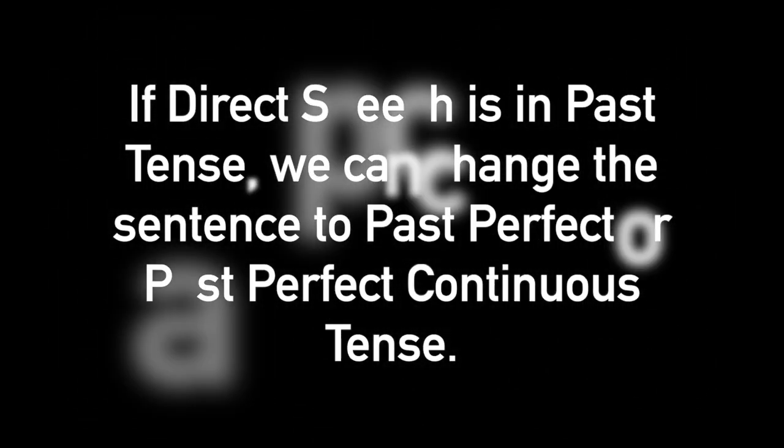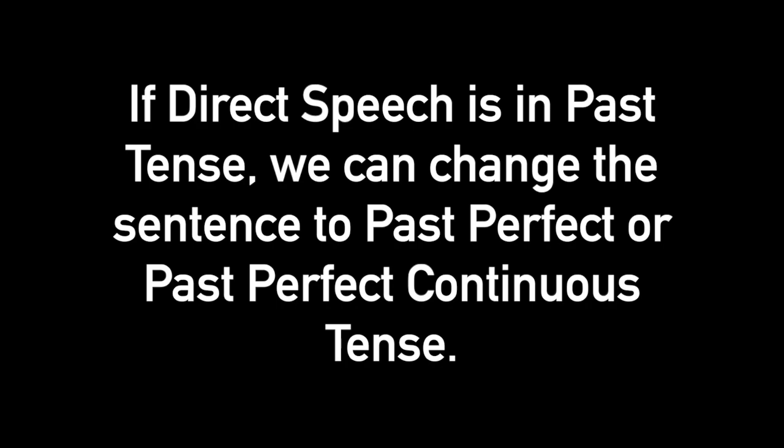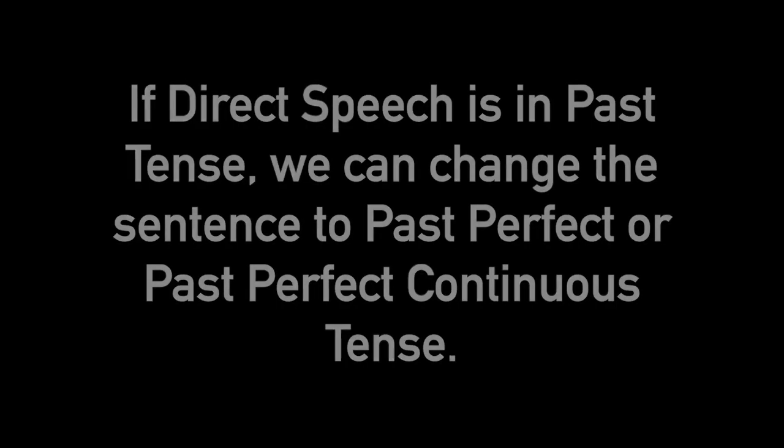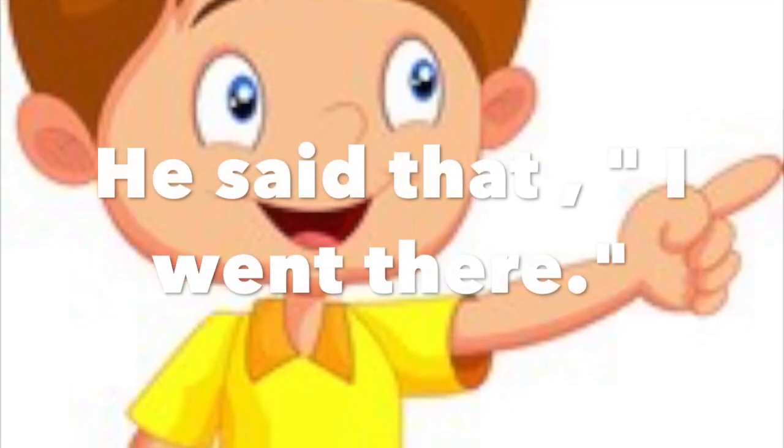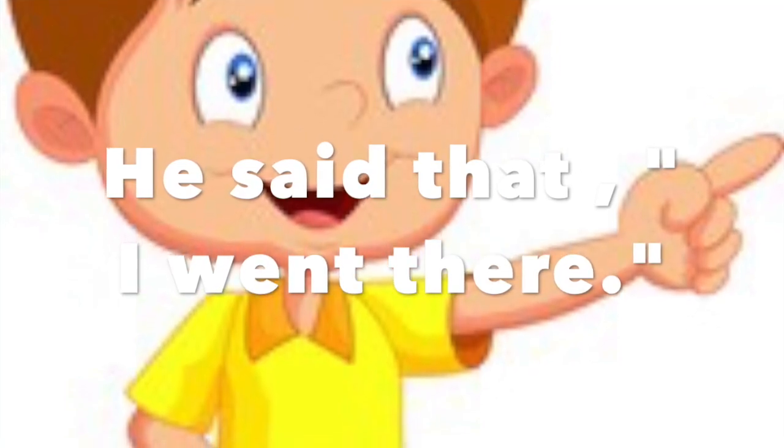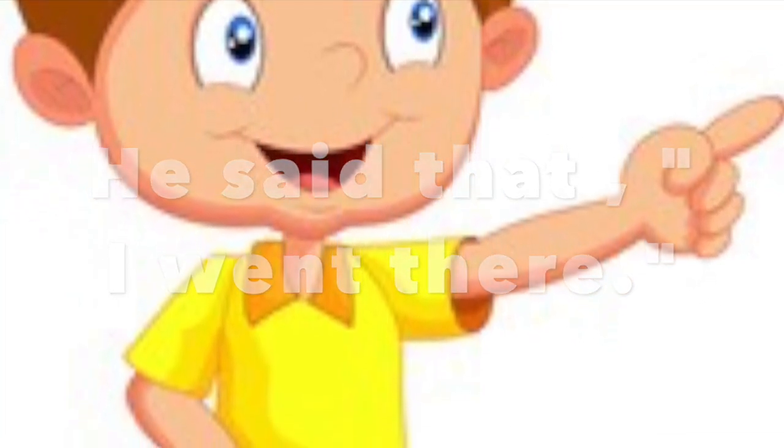Now besides these examples, there are some more things we have to see. If the direct speech is in past tense, then we can change it into past perfect or past perfect continuous. For example, he said, I went there. Full stop and close inverted commas.